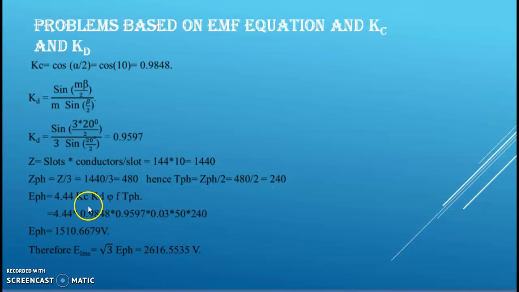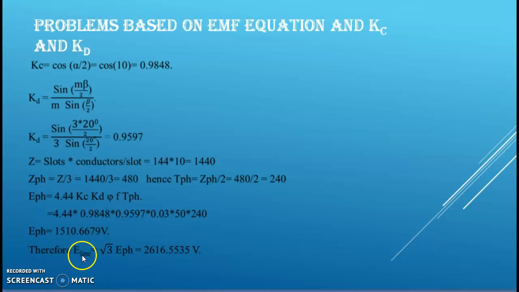Now put all the values of Kc, Kd, phi, that is 0.03, F 50 and TPH 240 in this equation, and if you solve it by your calculator, you will get EPH as 1510.6679 volts. Now this is the phase value. Our alternator is connected in star, so the phase voltage and line voltage are different.